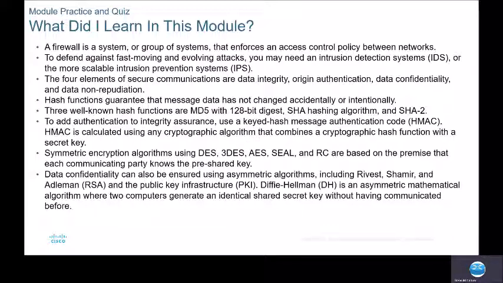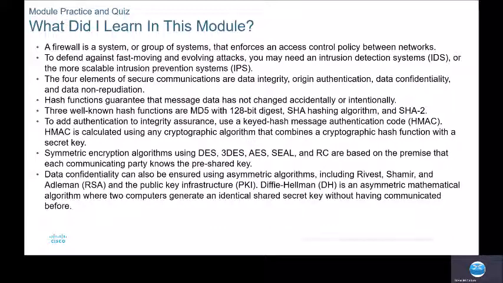Hash functions guarantee that the message has not changed accidentally or intentionally. Three well-known hash functions are MD5, SHA, and SHA-2, but SHA-2 is preferred. To add authentication to integrity assurance, use a keyed-hash message authentication code. So HMAC is calculated using a cryptographic algorithm that combines a cryptographic hash function with a secret key.